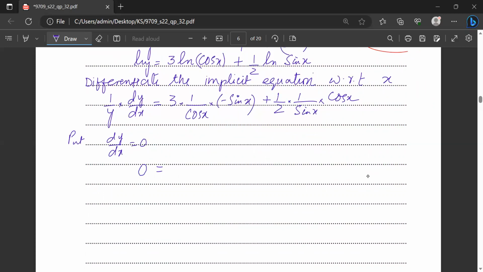The right hand side can be simplified, and you can write minus 3 times sine over cos, which is tan of x, plus 1 over 2 times cos over sine, which is cot, or 1 over tan of x.